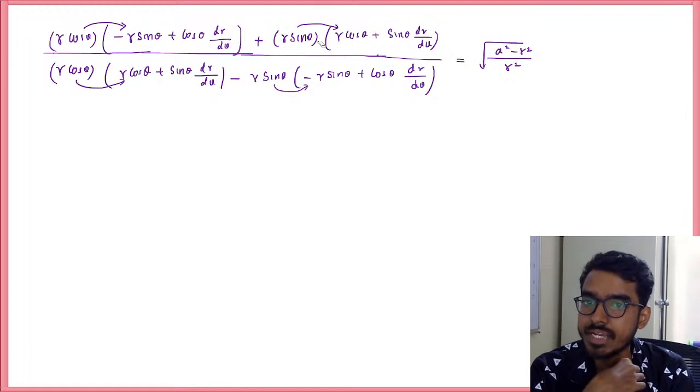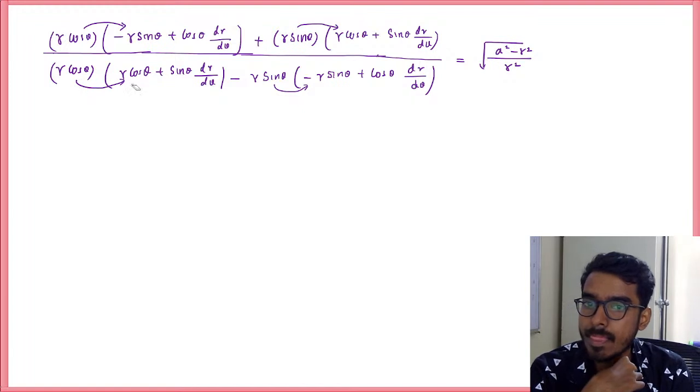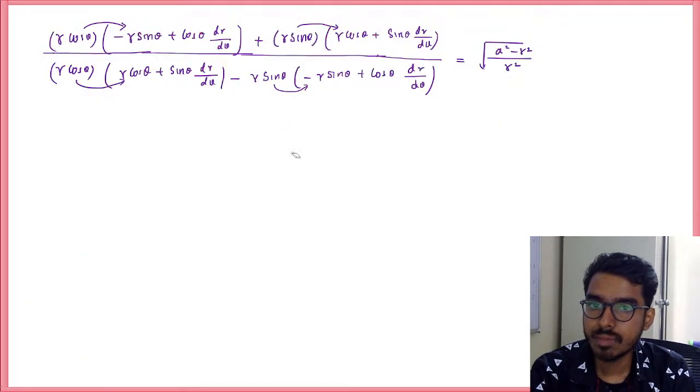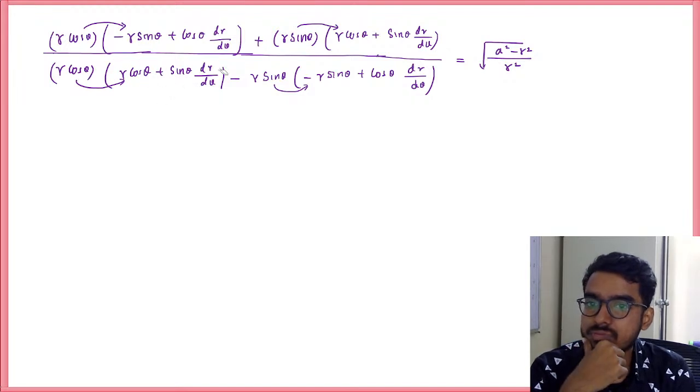So these two terms will get cancelled, and again r square cos square theta.